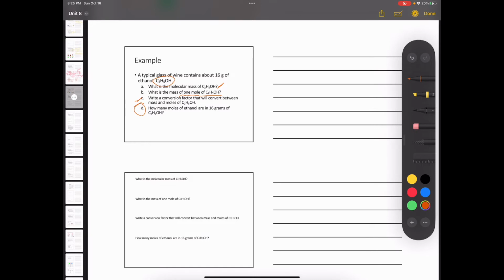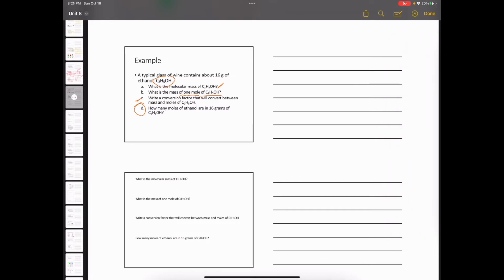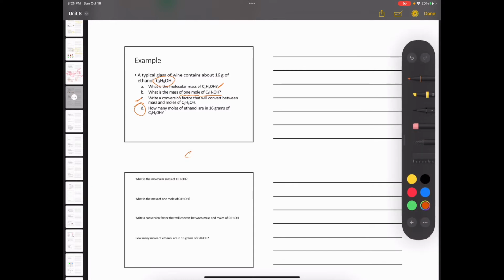So what we need to do first is find out the molecular mass for the C2H5OH. In order to calculate it, we need to find out the atomic masses for the carbon, for the hydrogen, and for the oxygen, and that's pretty much all.